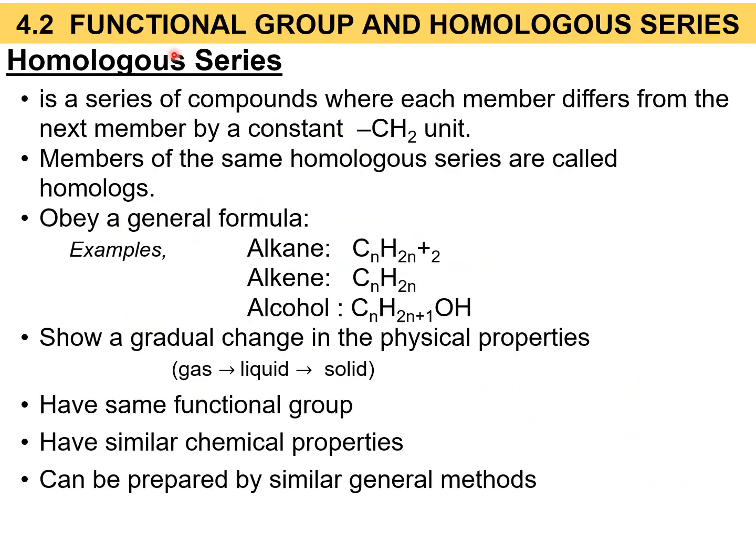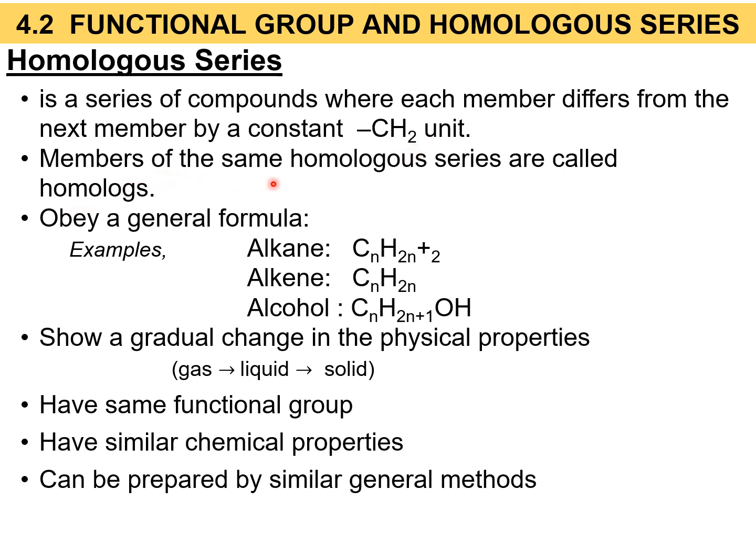Alright? Okay, so the last part in subtopic 4.2 is about homologous series. This is not very important. But just for your information, a homologous series is a series of compounds where each member differs from the next member by a constant CH2 unit.